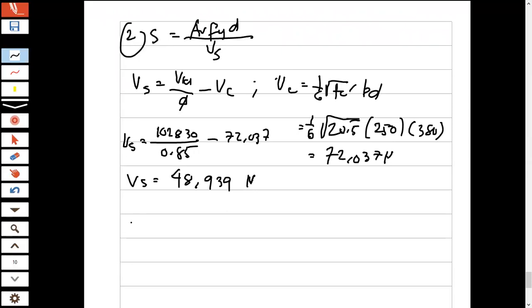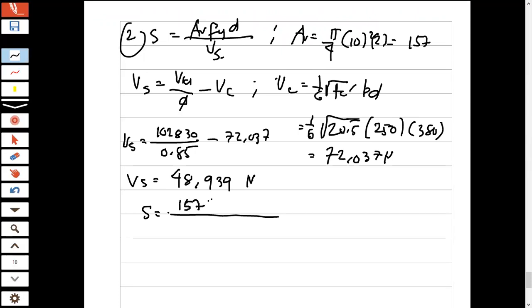Okay. So we have VS, we have AV. Alam naman ito na AV is pi over 4, 10 squared times 2, equal to 157. Kahit di na kayo mag-compute, automatic na yun, 157.